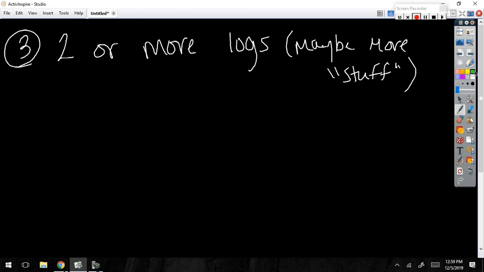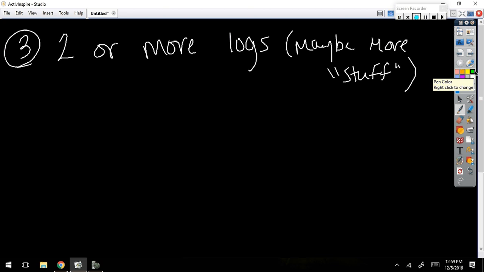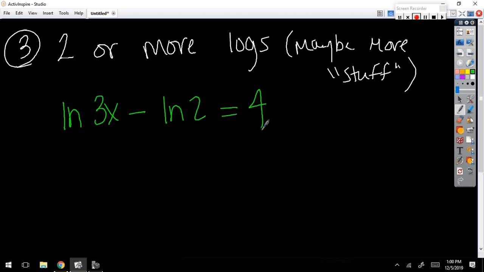So maybe a scenario that looks something like, let's do natural log. I've got two logs and I've got something else, a 4. If the 4 wasn't there, I could just put the natural logs on either side, drop them off, and 3x would equal 2. But I do have the 4, so I have to take that into account.